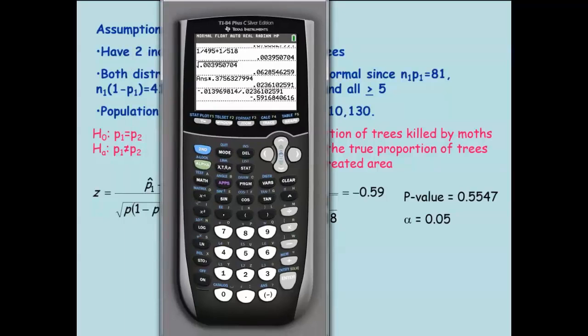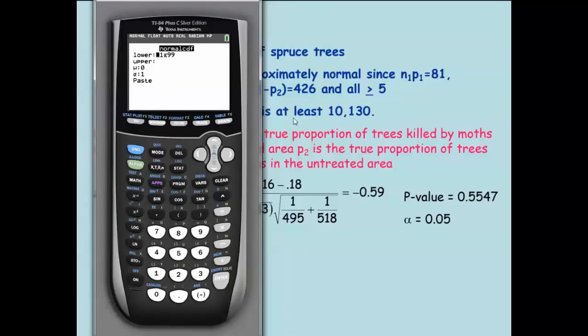Well, we're dealing with a norm CDF. So let's go to distributions. We want norm CDF. And if I have a negative z-score, I'm on the bottom end of my bell curve.